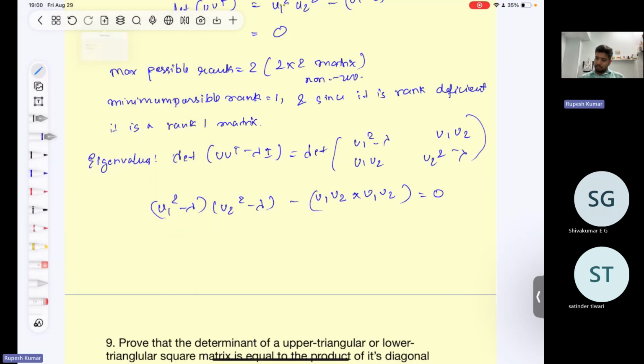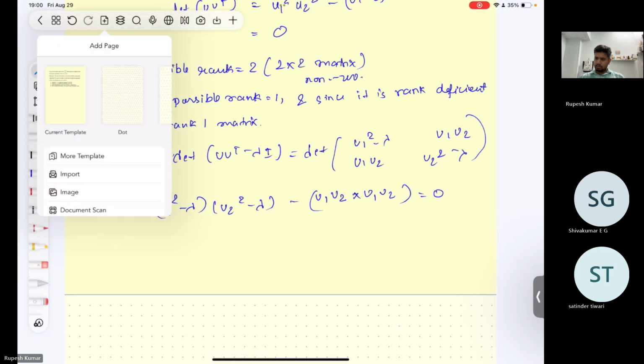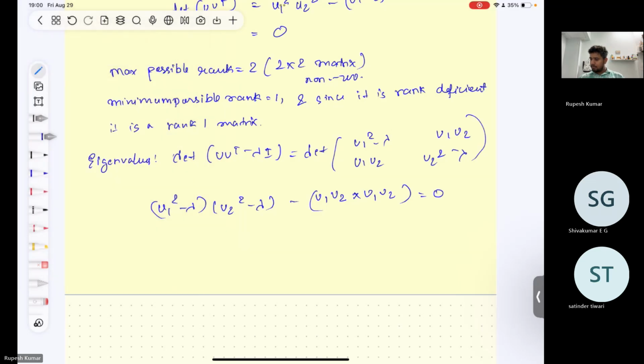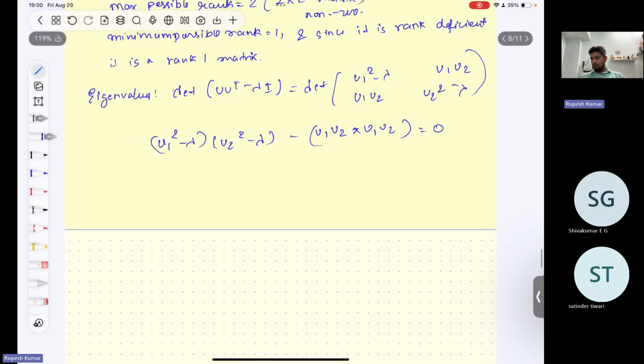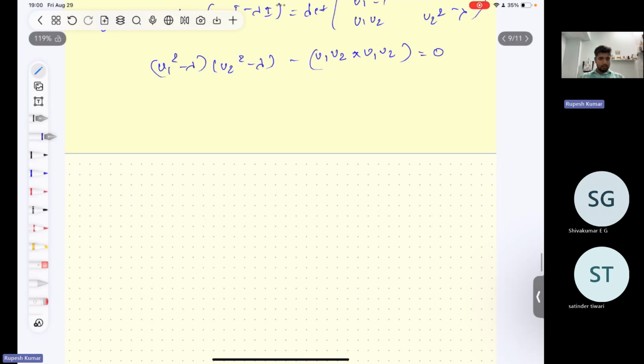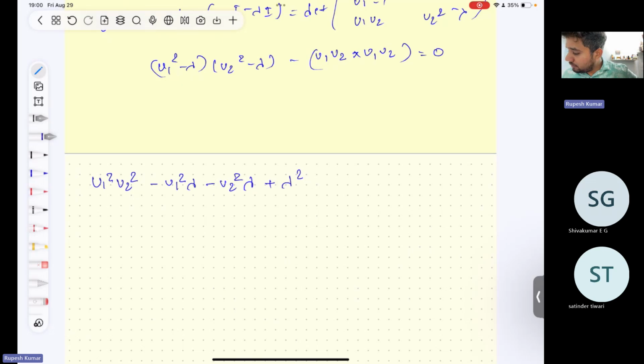So let me add a page. Now let's try to solve this. Let's find the characteristic polynomial. So this is u1 squared u2 squared, expanding everything here, minus u1 squared lambda, minus u2 squared lambda, plus lambda squared, minus u1 u2 whole squared, equals 0.